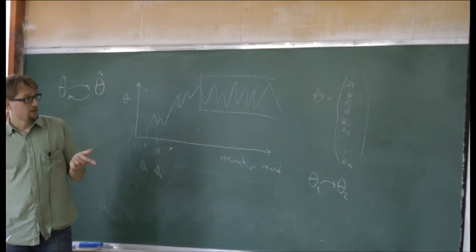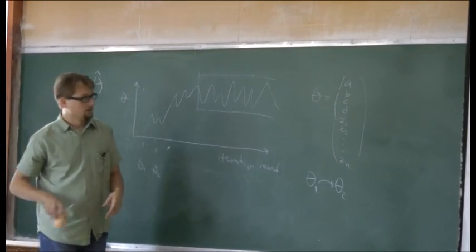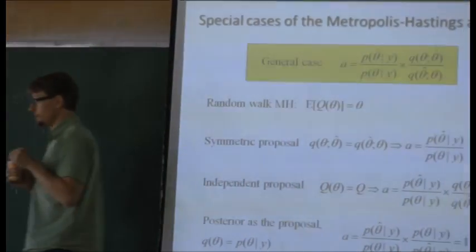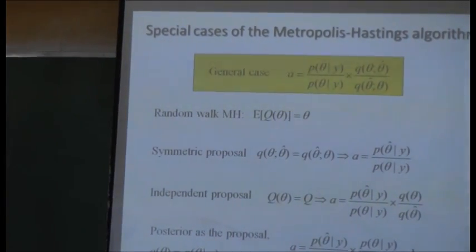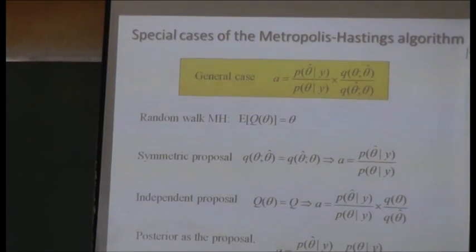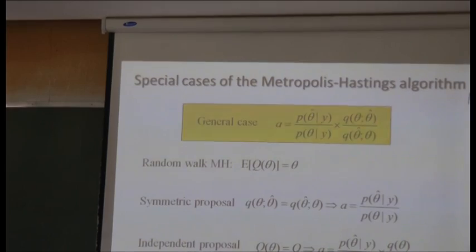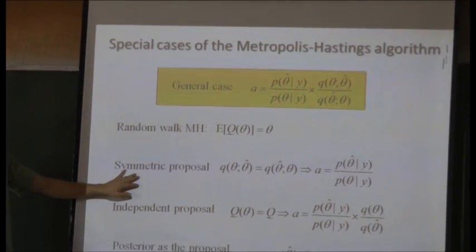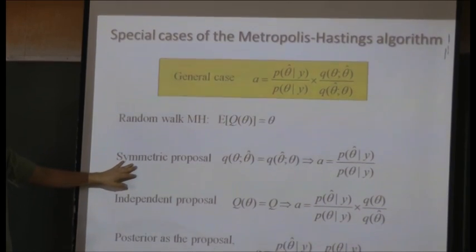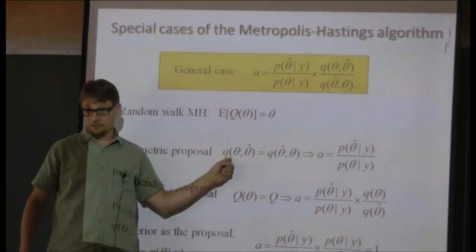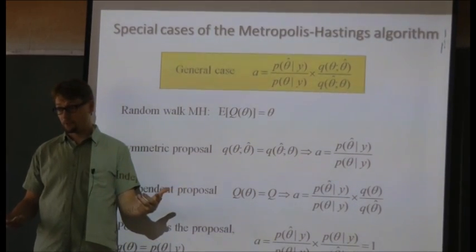Okay, so this is the general case. This is the same formula I've written here in the yellow color. And let's now talk about some special cases of this general case. Let's start from the case of the symmetric proposal, because this relates to the question you are asking. It is often the case that this proposal distribution is symmetric.